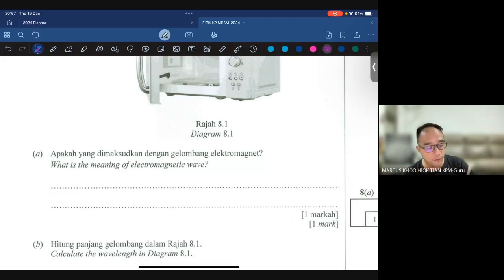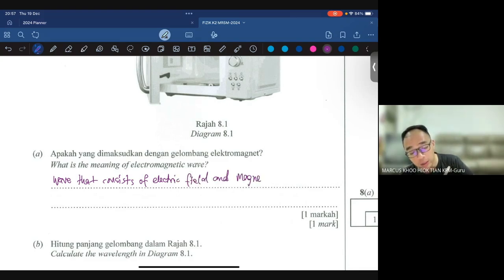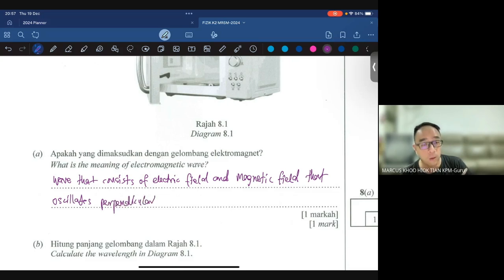It is a wave that consists of an electric field and a magnetic field that oscillate perpendicularly to one another.